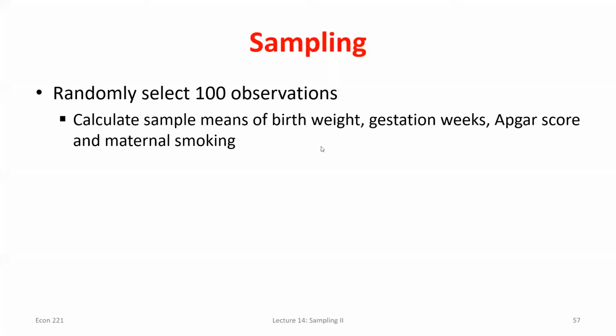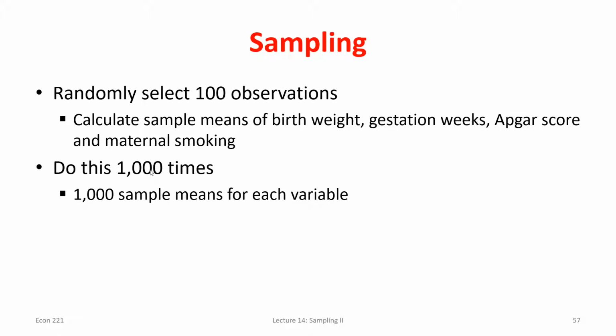Okay? So if I'm going to take a sample from this population data, and I take a sample of size 100, I then from that sample of 100 births calculate the average birth weight, or the mean birth weight, mean gestation, mean maternal smoking, all for the mean of each of these 4 variables. I write it down. I then do that 1,000 times. So I take 1,000 different samples of size 100.